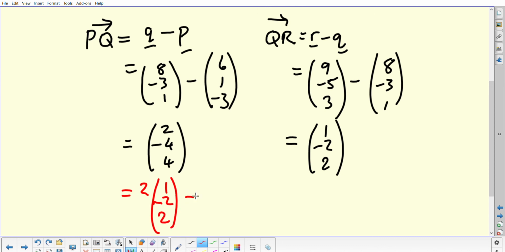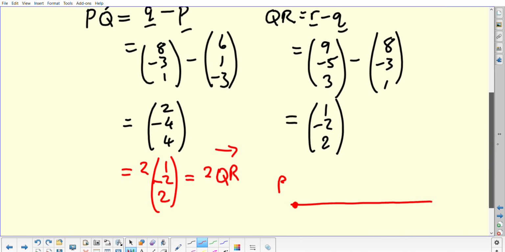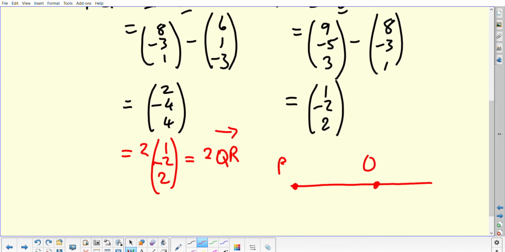So you can see that this one, the P to Q one, is twice the Q to R one. If we were trying to draw a little picture about that, P to Q is definitely the longer one. So P to Q is made up of 2 bits of the vector, and then Q to R, so you're going to have that 2 to 1.